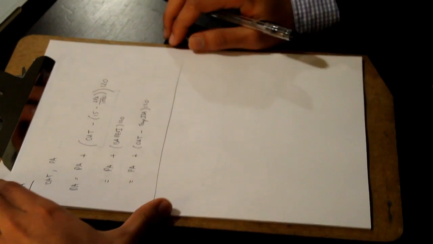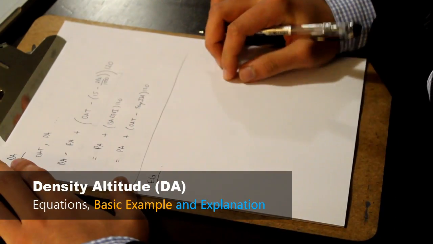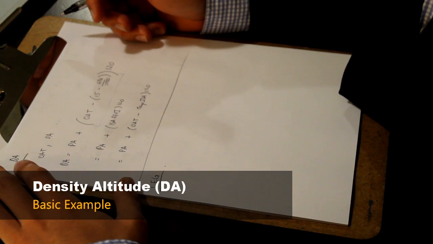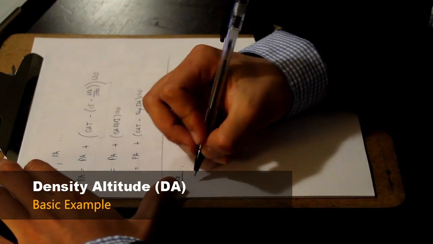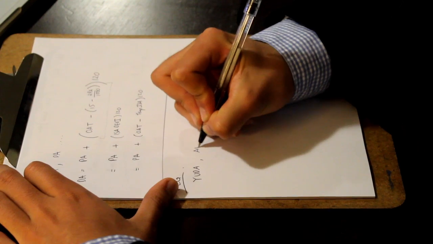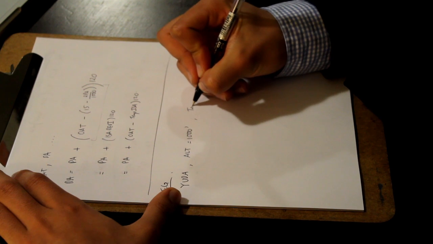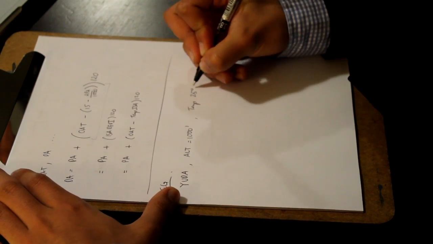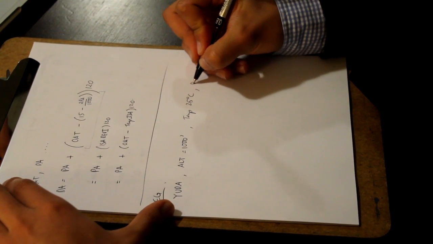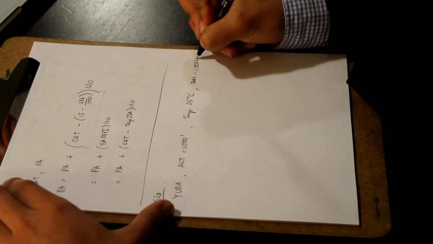Okay, I'll get straight to example questions. Example 1. We're at 1,000 feet. The temperature there is 25 degrees Celsius, and the QNH stated is 1007 hectopascals.